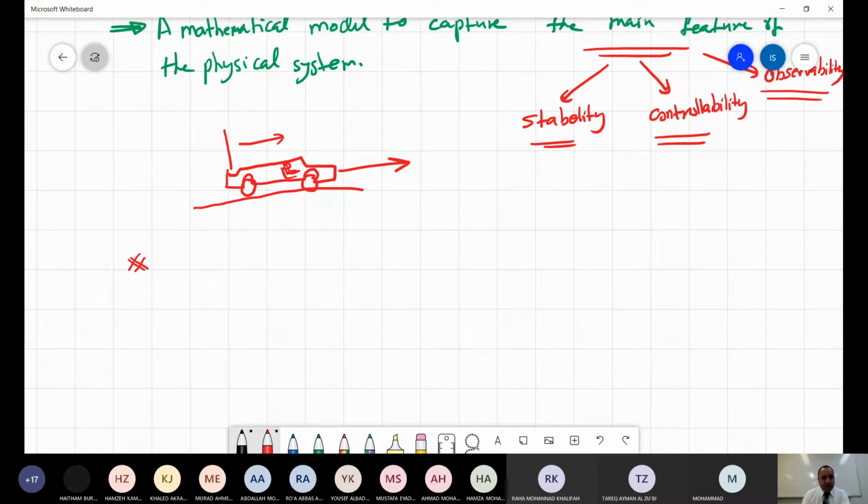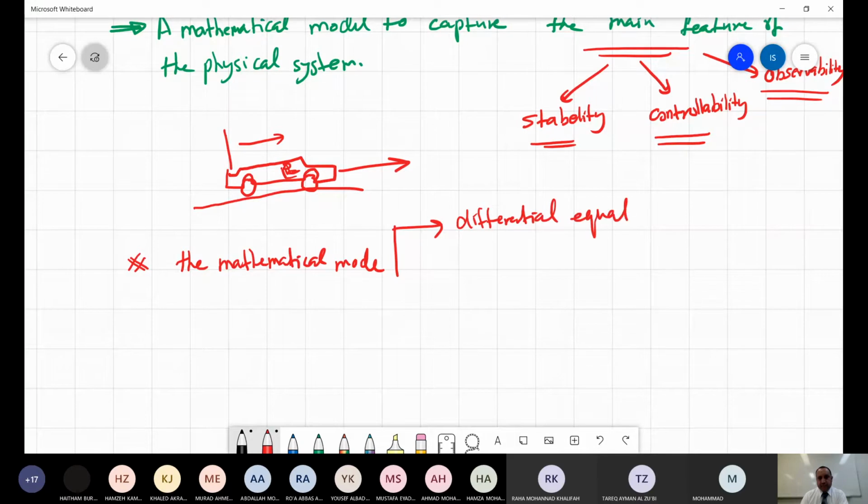Now, mathematical model, mathematical set of equations. This means that the mathematical model can be what? Can be differential equation, correct? Can be what?